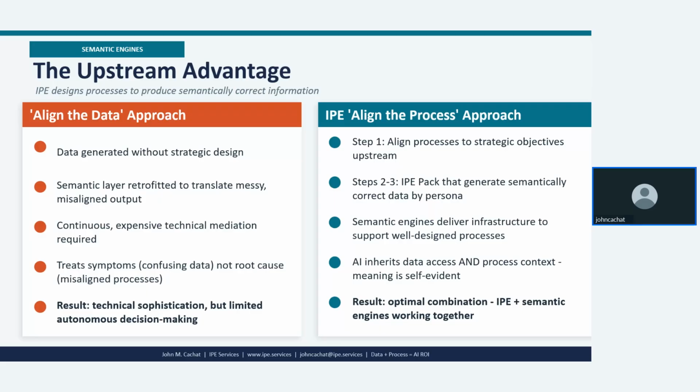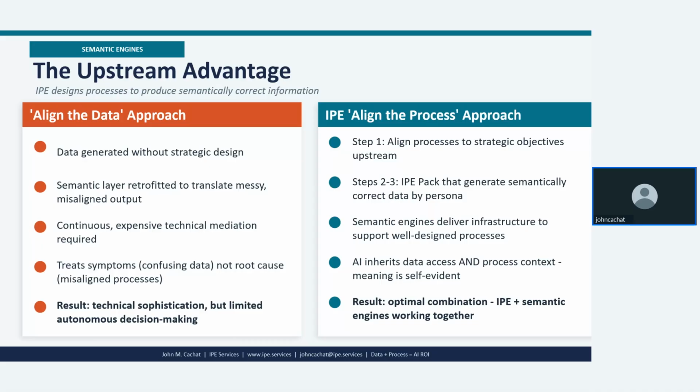But it's treating the symptoms, confusing data, not the root cause of misaligned process. So the result of data cleansing is technical sophistication, but limited autonomous decision making, or at least limited controlled autonomous decision making, which is why everyone's freaking out about governance and risk, because we haven't taught it.